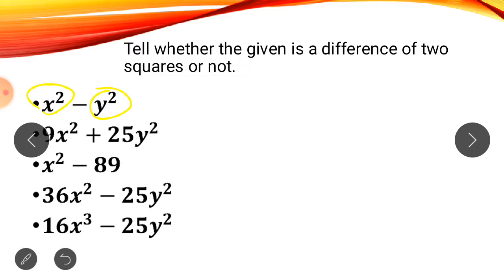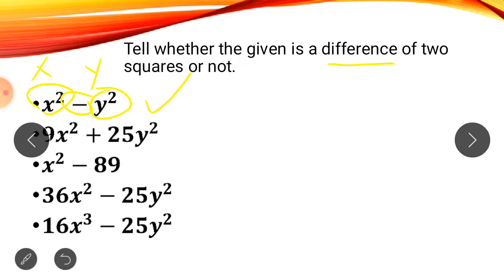So on this one, the square root of x squared is x, the square root of y squared is y, and the sign in between is minus, because difference means subtraction. Okay, so if the first term and last term has a square root and the sign in the middle is minus, it means that the given is a difference of two squares. So number 1 is a yes, this is a difference of two squares.